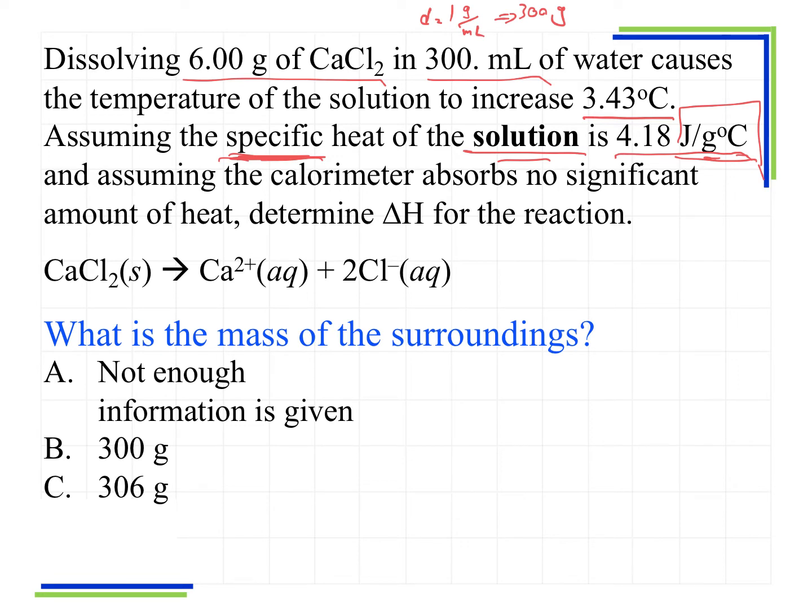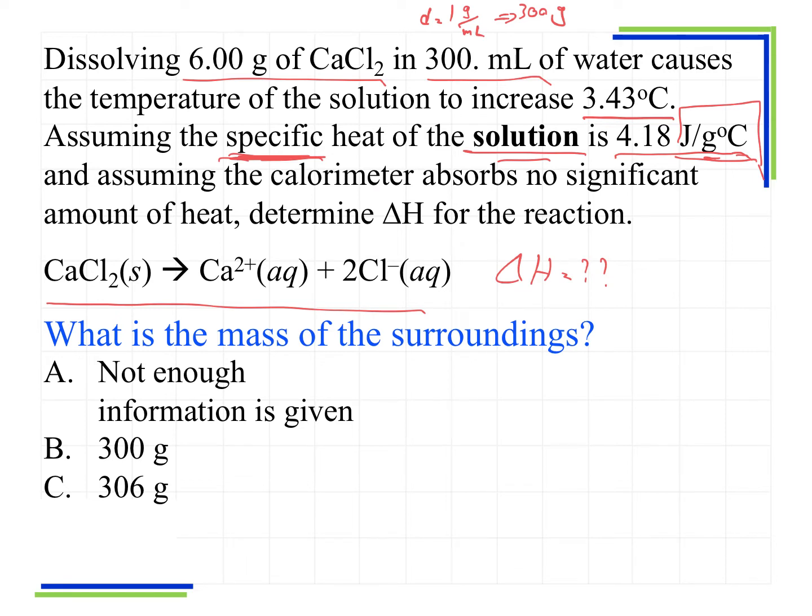So we have this reaction going on in the calorimeter, and we are trying to find the delta H. Before we start solving this question, we know the system is the reaction, and the surrounding is whatever surrounds the reaction. So what is the mass of the surrounding?